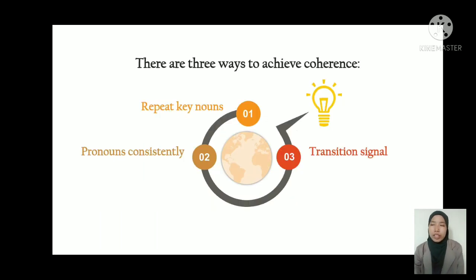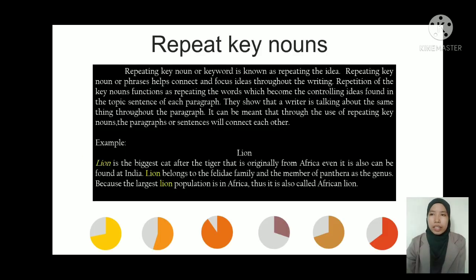Okay, there are three ways to achieve coherence. The first is to repeat key nouns, the second is to use pronouns consistently, and the last is transition signals. The next slide is repeat key nouns. Repeating key nouns or keywords is known as repeating the idea.